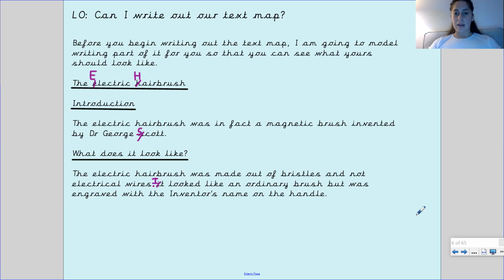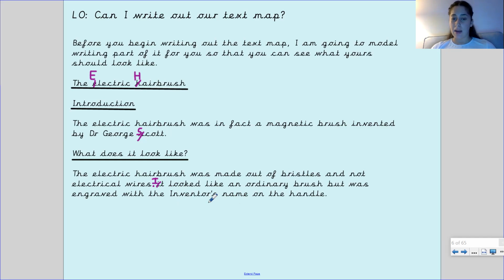It looked like an ordinary brush but was engraved with the inventor's name on the handle. Do you notice anything there? I have used a capital letter for the word inventor. Is that correct? No, inventor is just a noun.